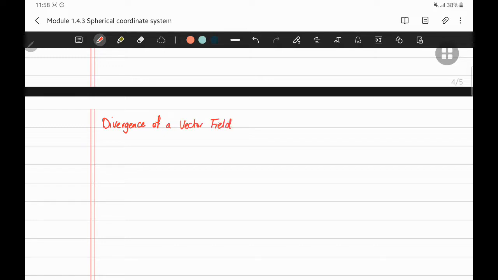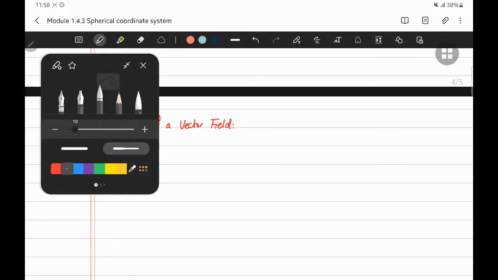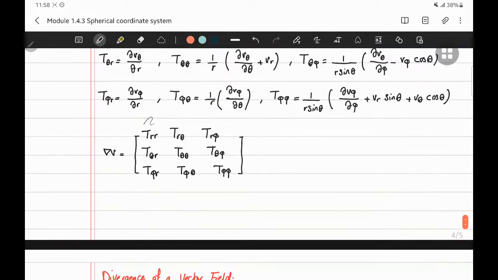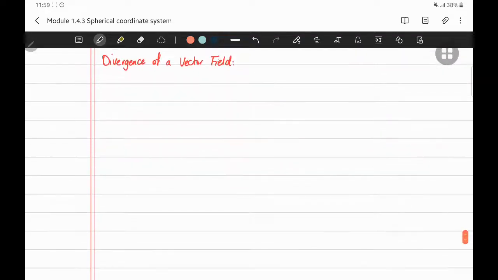The divergence of the vector field is basically the trace of del v, so it is the summation of all the diagonal components here.